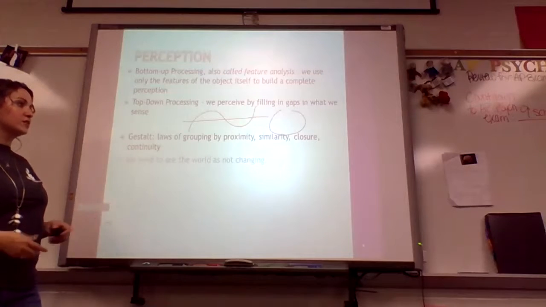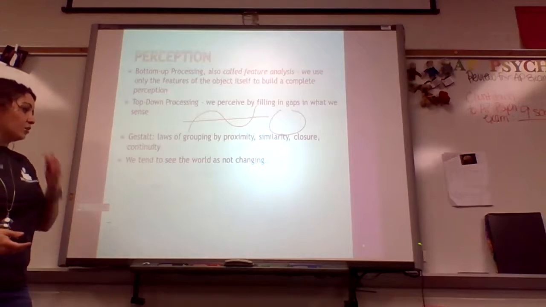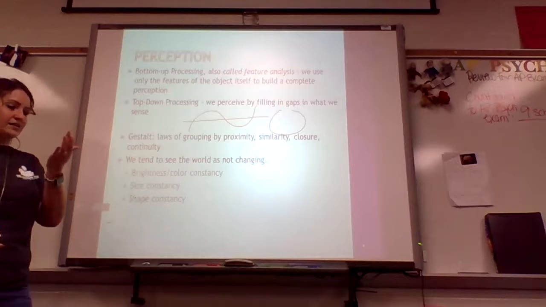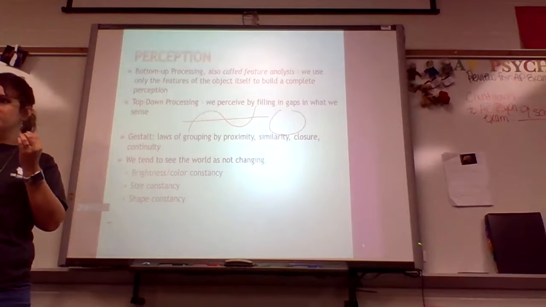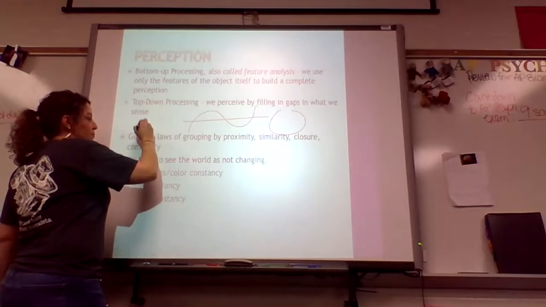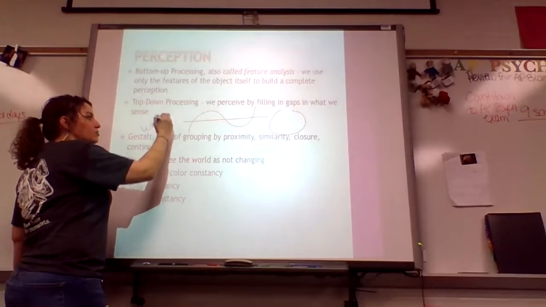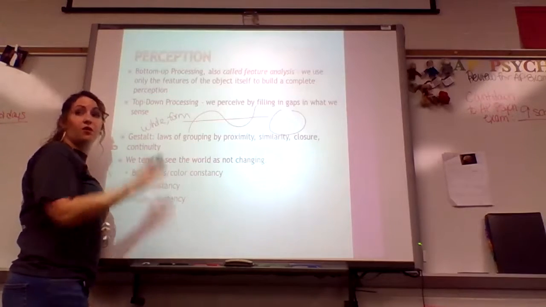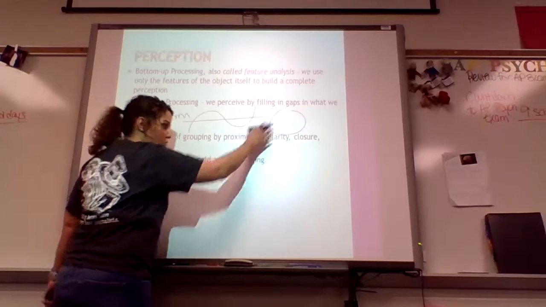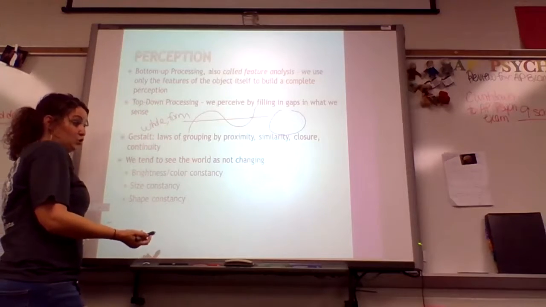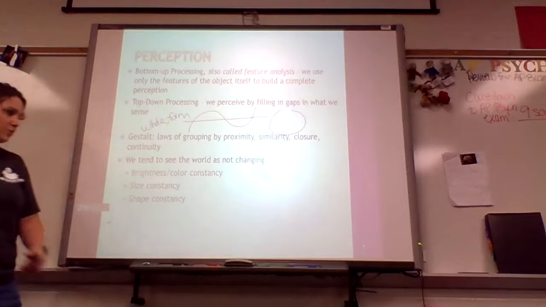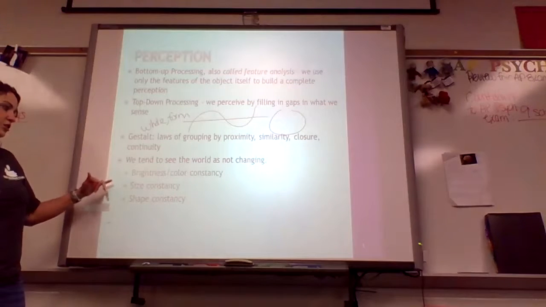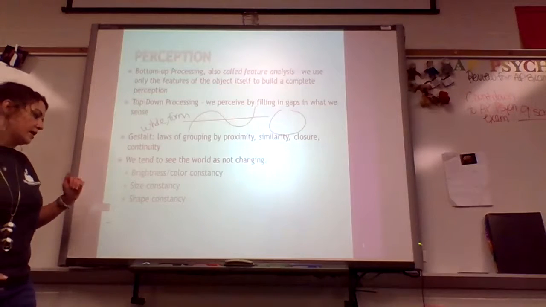So there's a whole bunch of Gestalt laws, and that's because we see the world as simple and whole. Remember, Gestalt basically means whole, but it also means form. So I want you to think of it, combine those: a whole form, a whole form, a whole form. Form being another way to say shape. And then we see the world as not changing in the following ways: brightness, size, and shape.